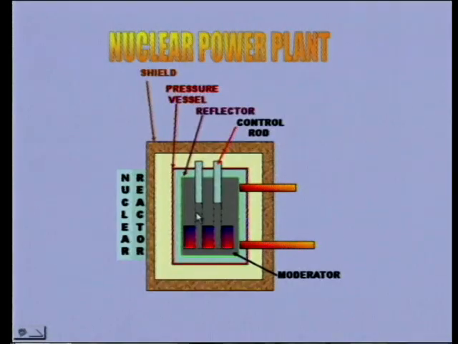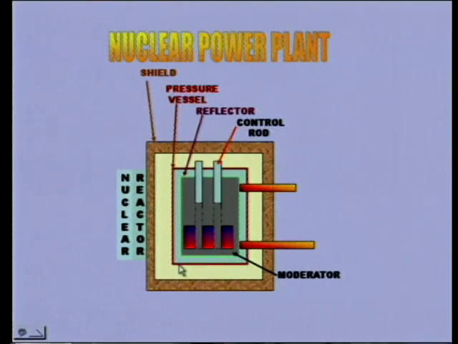So, in the process, what happens is the pressure vessel gets heated. By absorbing the heat, the pressure vessel is getting heated, and water is circulated through the pressure vessel so as to make the pressure vessel cool, right.